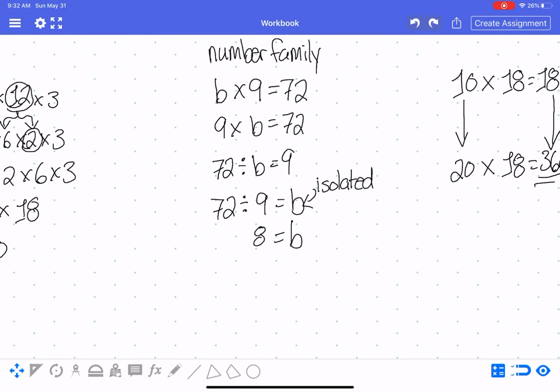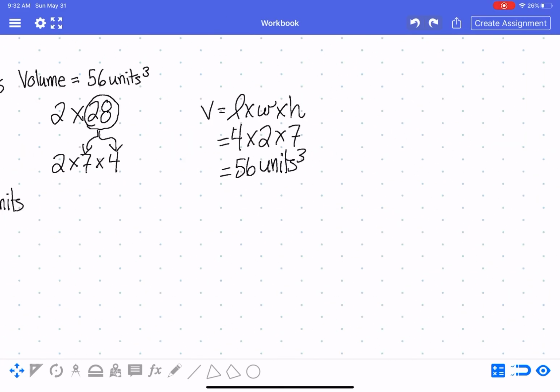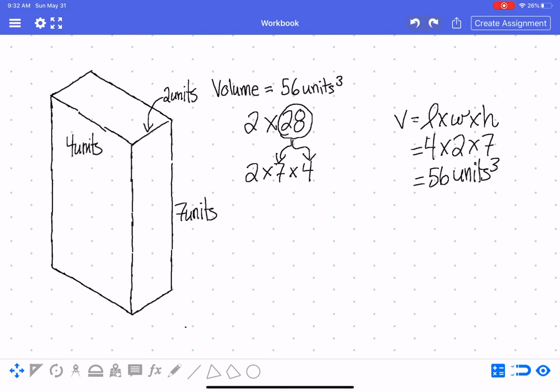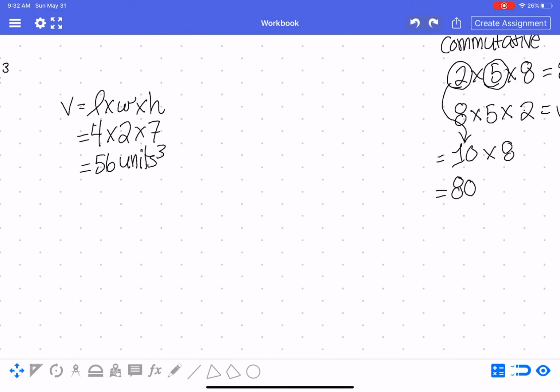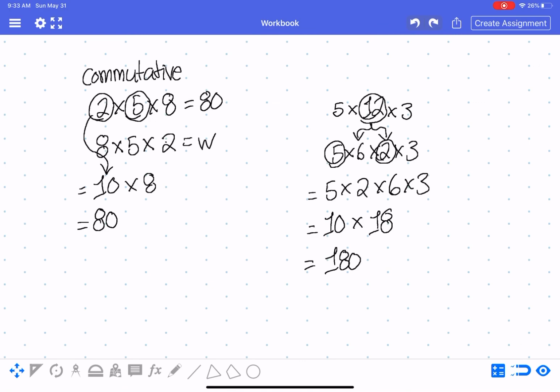So to quickly review what we did, we started all the way over here with volume, and we found three numbers that multiply together to equal the volume of 56 units cubed. Then we learned about the commutative property, how you can move numbers around in a multiplication question, and you'll still get the same product, right?